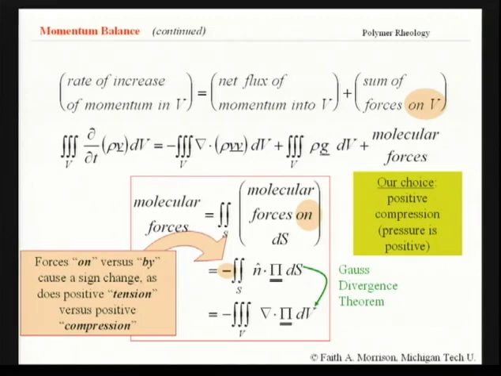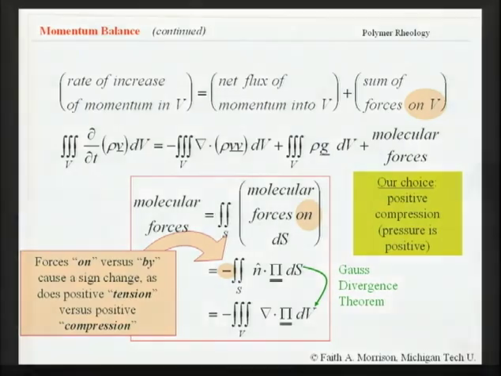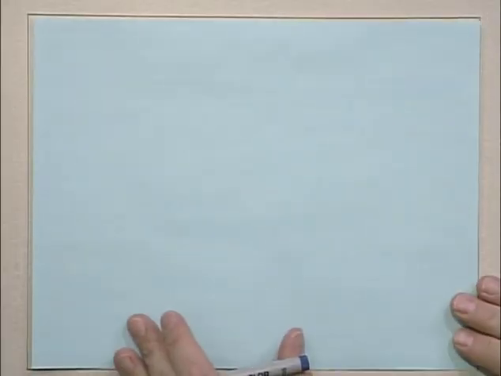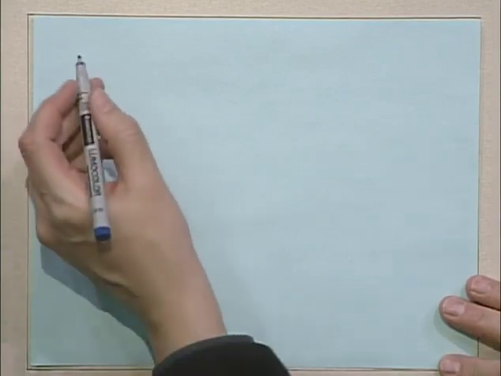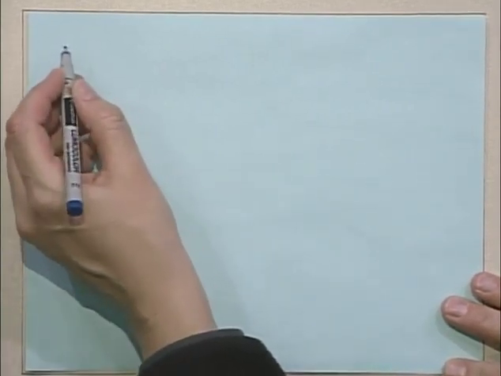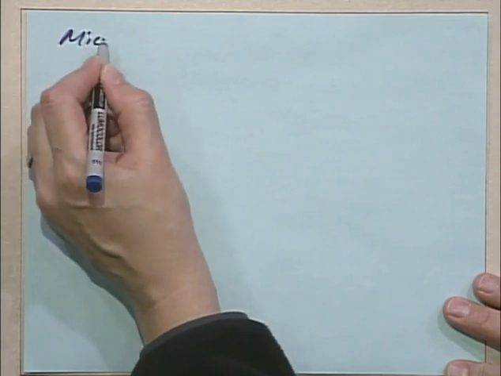Okay, so let me go back to slow mode here so that you can see the final steps that bring us the Navier-Stokes equation. This is what we have so far. This is a microscopic momentum balance.